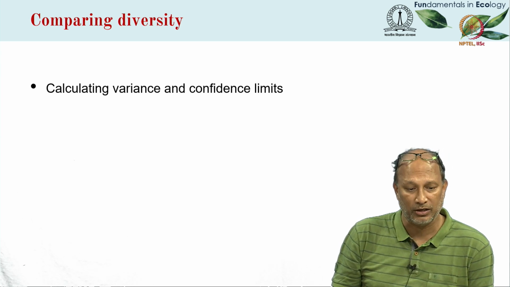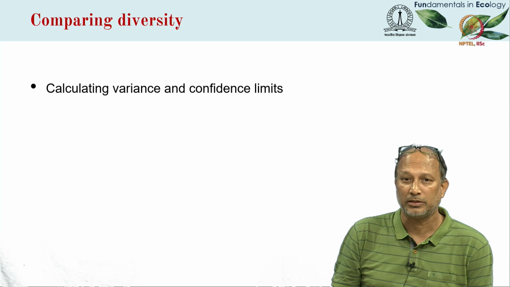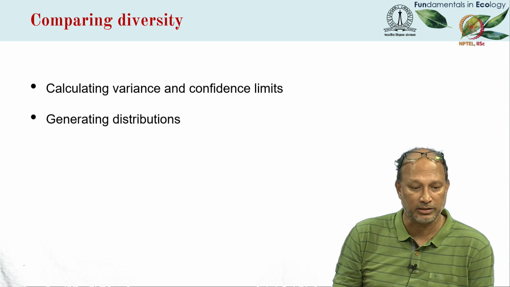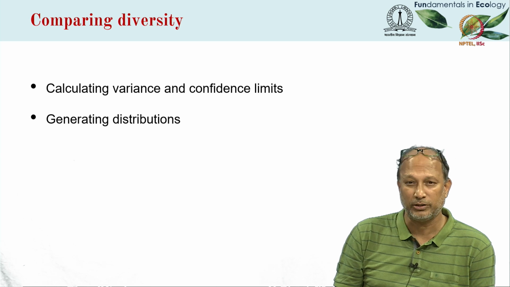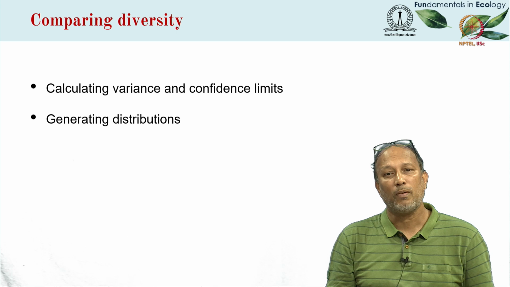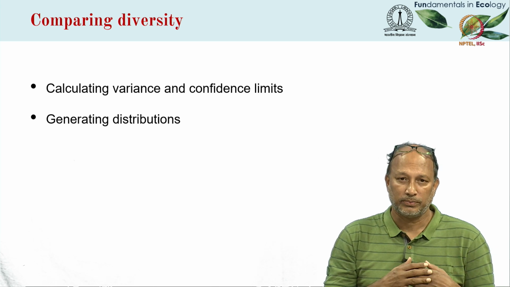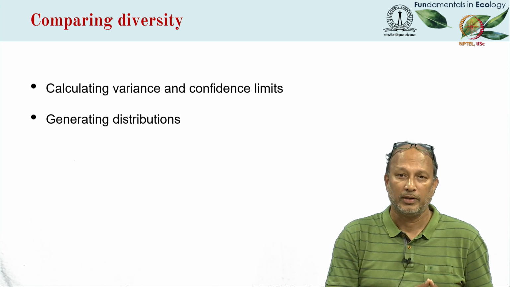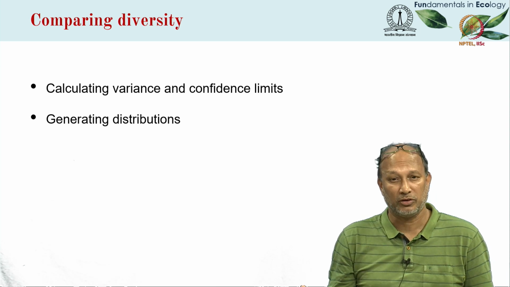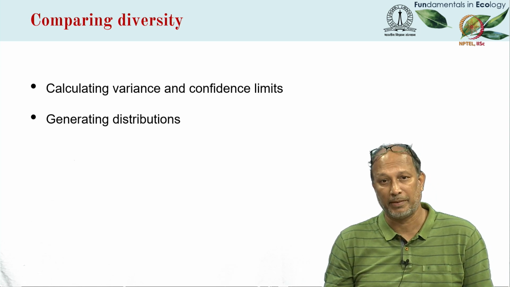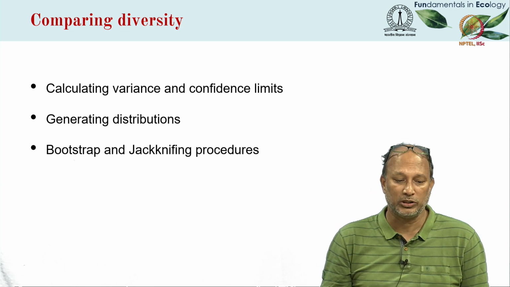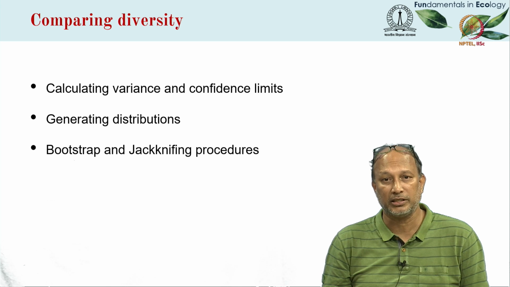So often we need to calculate variance and associated measures such as standard deviations and confidence limits. And in order to do this, we might need to generate distributions, which is to say, what's the frequency distribution of diversity that I might get from forest type A, and what's the frequency distribution of diversity that I might get in forest type B. One of the ways of doing this is using bootstrap and jackknifing resampling procedures.